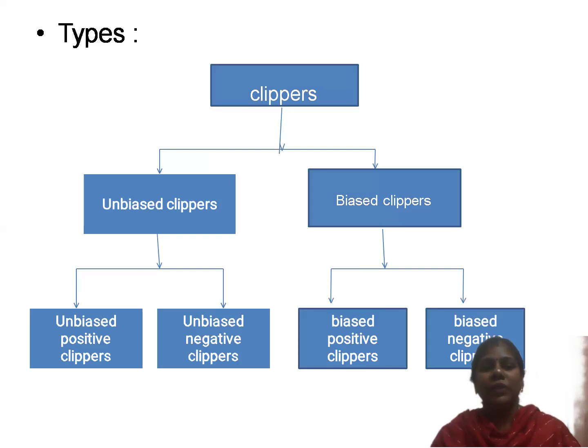Now we will see the detailed classification of the clippers. Clippers are classified into unbiased clippers and biased clippers. This is applicable for series clippers as well as parallel clippers.